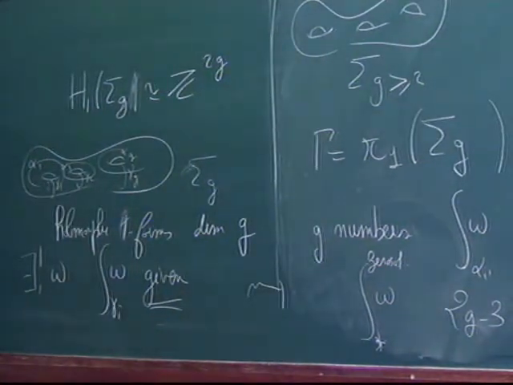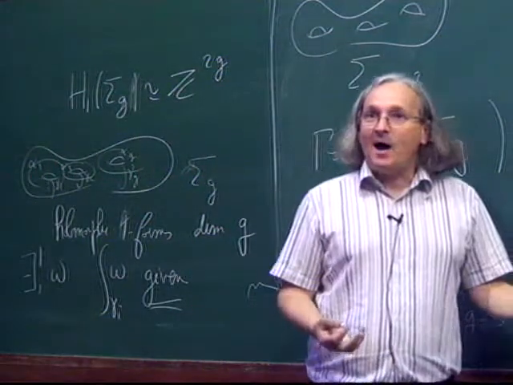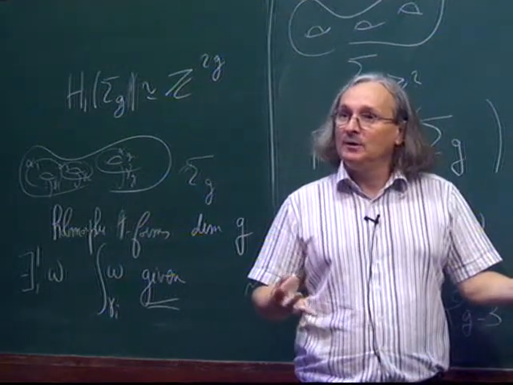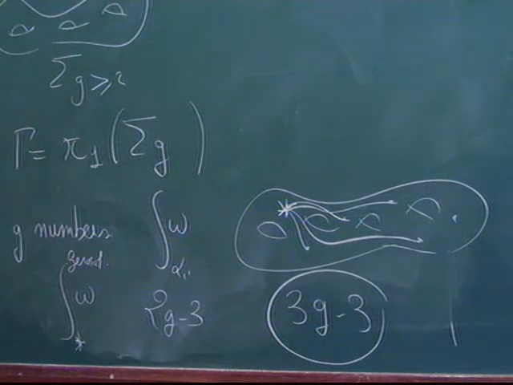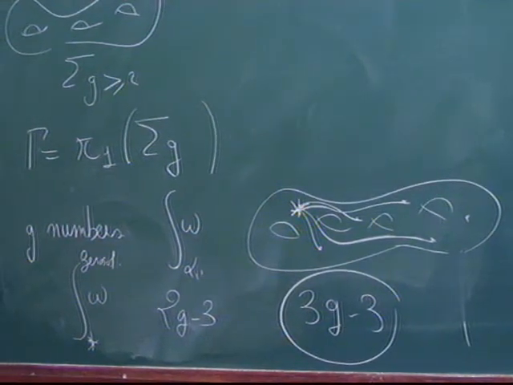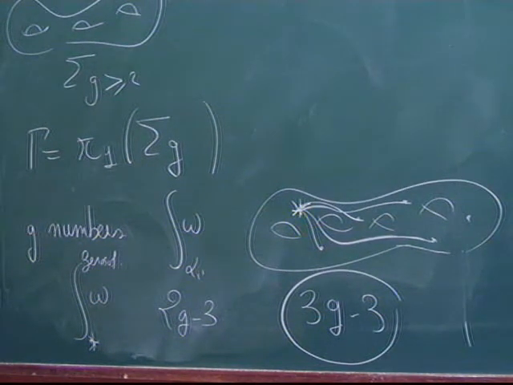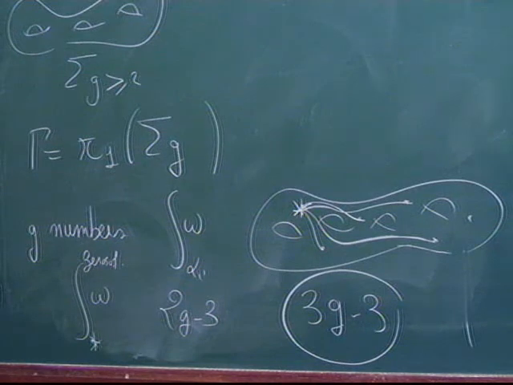So Riemann explains that, and then he explains that these 3G minus 3 complex numbers are really enough to describe completely the complex structure, at least in the neighborhood of the given one. And this is rather convincing. And this is proof.